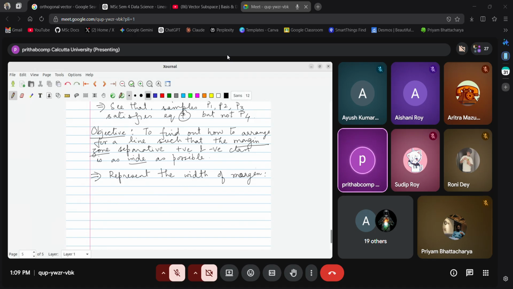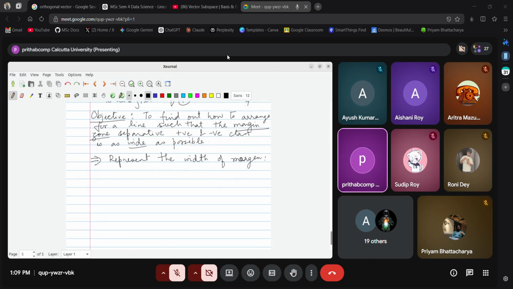So how can you do that? Again, let's draw the figure. I will draw it a little in short. Here were our minuses, here was our plus. The blue line is over here, the red line is over here.